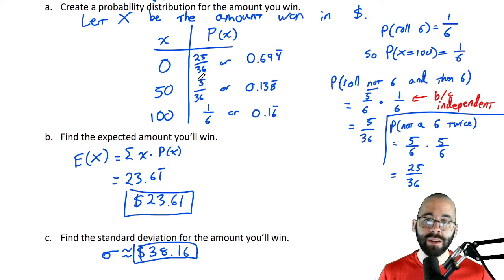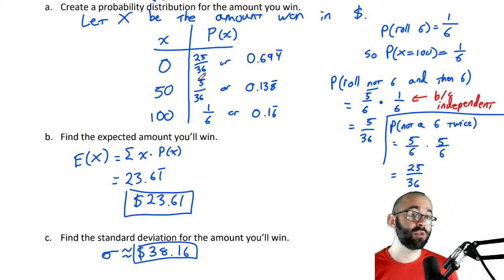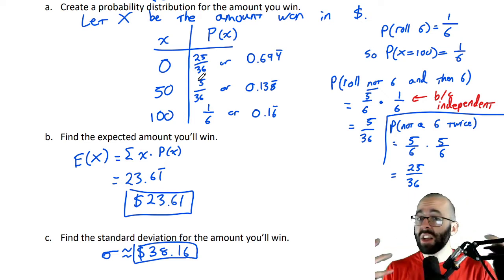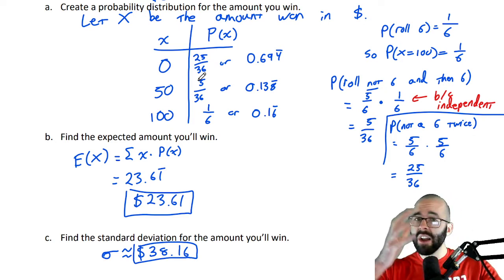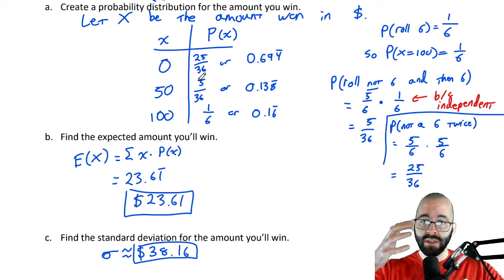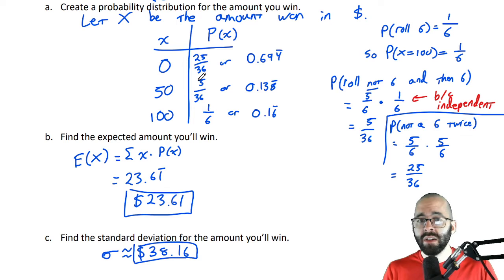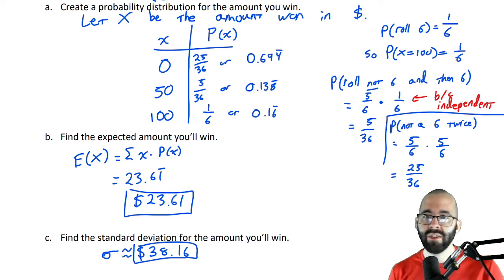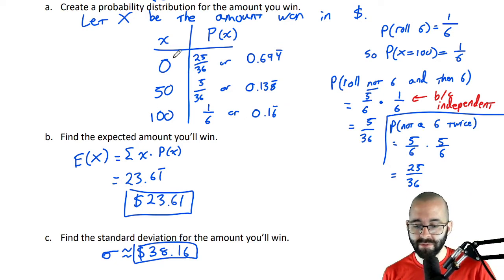But when there's a bunch of outcomes, that standard deviation becomes much more helpful. If a standard deviation is big, that means there's a lot of variability in the outcomes. If the standard deviation is small, that means you're pretty sure what you're going to get, you're pretty sure you're going to be around something. So here our standard deviation is pretty big. There's a pretty big difference in these outcomes.